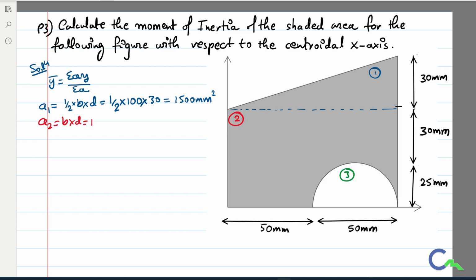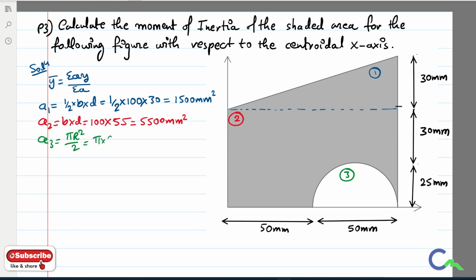The second area, I will take the rectangle, A2 is equal to B into D. So 100 into 55 mm, that is 30 plus 25. So I can say that it is 5500 mm square. The third figure is the semicircle. So A3 is equal to pi r square divided by 2.